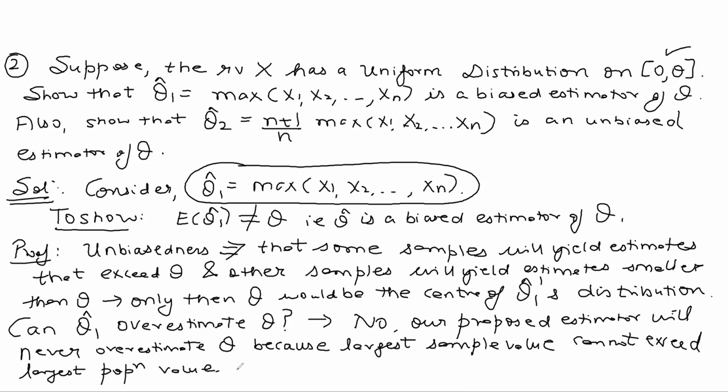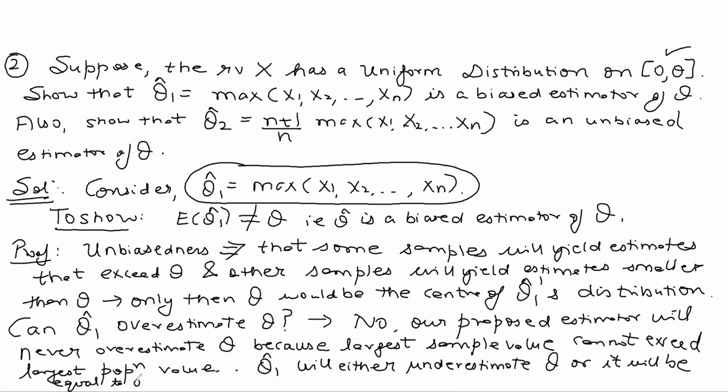So what do we learn? We learn that theta 1 hat will either underestimate theta, or it will be equal to theta, for a particular sample.